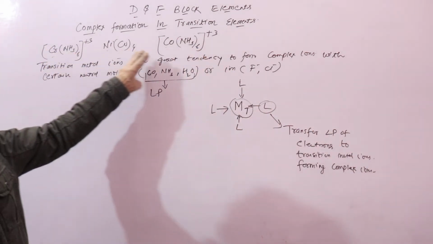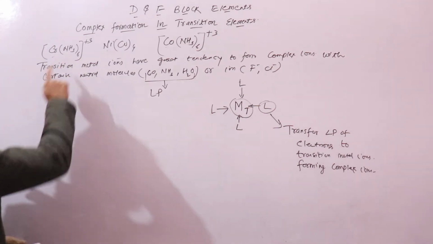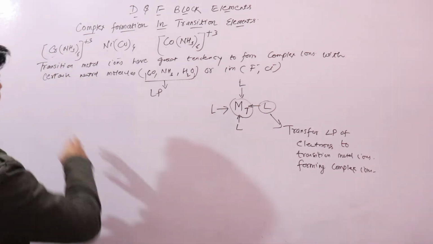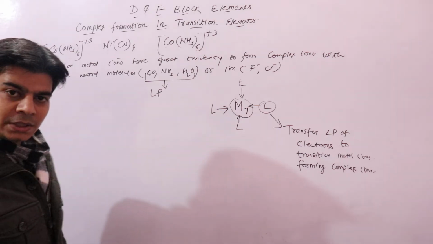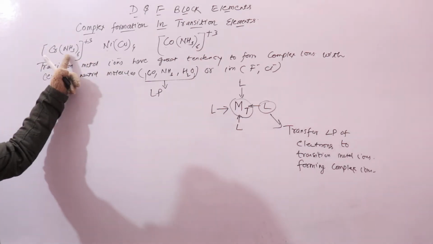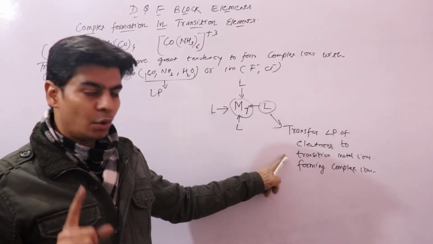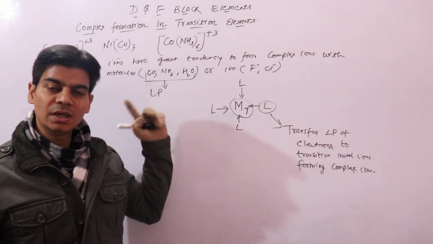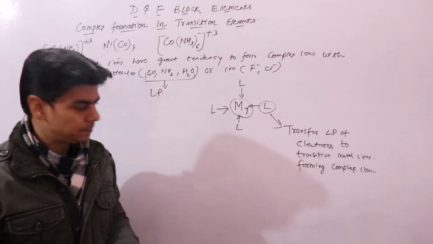So in these complexes, what's happening is, 6 neutral ammonia molecules will approach this Cr3+ ion, right, to form this complex. And these 6 ammonia molecules will transfer lone pair of electrons to the trivalent chromium ion, to form coordinate bonds with them, right?